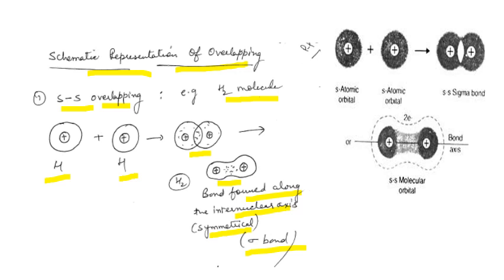Here also you can see the s atomic orbitals overlapping to give this sigma bond, along the internuclear axis. This is the bond axis here. This is also the bond axis here. So along the internuclear axis, the bond is forming, with this concentrated cloud between the nuclei.